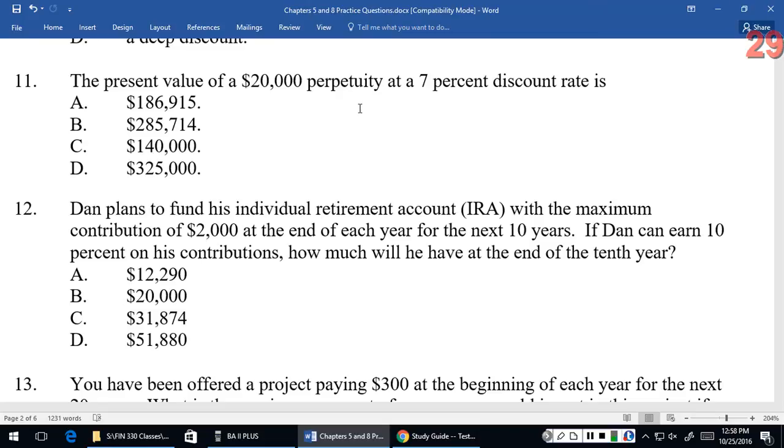And so if we go to that formula, the present value of a perpetuity is going to be the payment that you want to receive forever divided by the rate that you can earn, or in this case, the discount rate. So for this one, it was we wanted to receive $20,000.